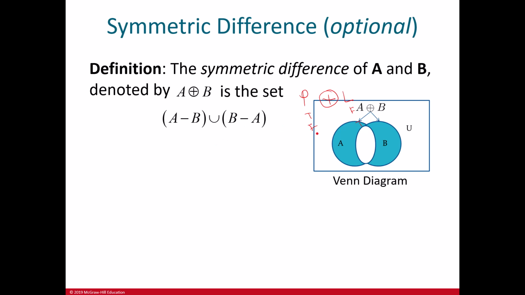So how do we mark this? This part represents the elements that are in A but not in B, and this is the part that is in B but not in A. I'm going to use a straight vertical line. So the union of these, this is why I have them the same color.